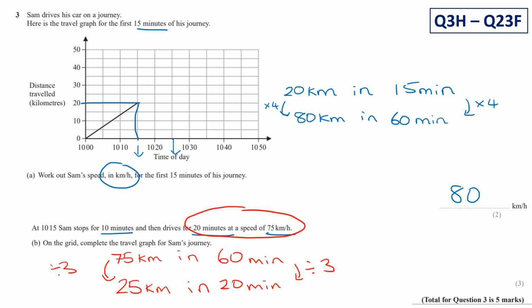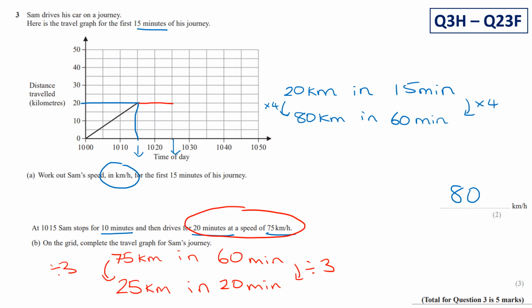So I know that I'm currently here. Oh, part of my graph's disappeared. Fortunately, I'm here up to there, it's 20, so I'm going to go another 25 kilometers. I've currently traveled 20 kilometers, so I need to go in 20 minutes.